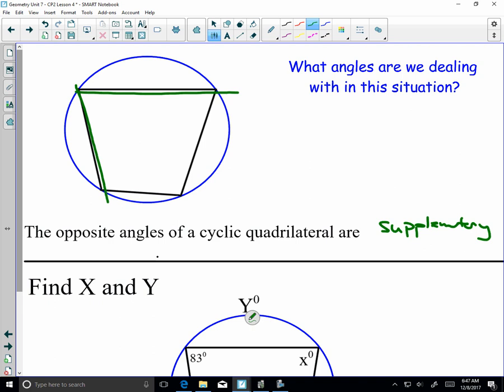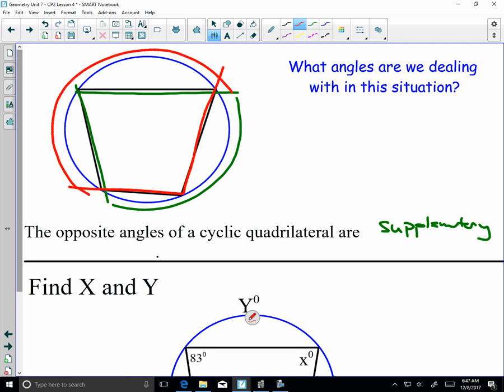Here's angle number 1. Here's the arc that it creates. Here's angle number 2. Here's the arc that it creates. Those two arcs make up the entire circle. The entire circle is 360, but remember, we're working all the way across the circle, not to our central point.